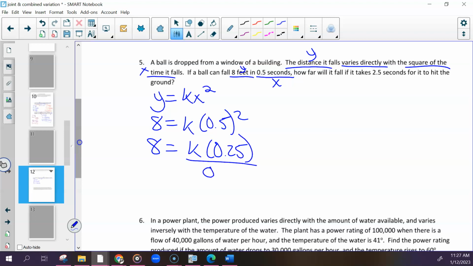Divide both sides by 0.25. What is your k value? 32.